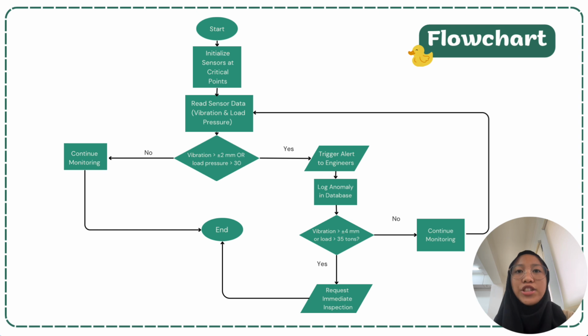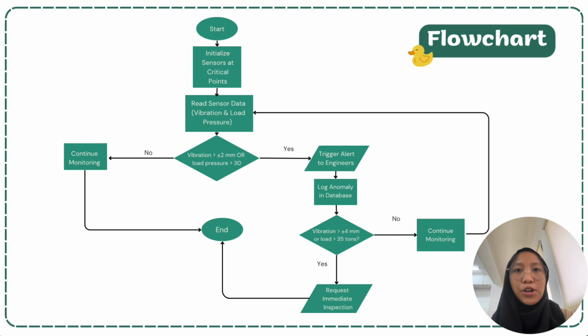Here, the system checks if the vibration exceeds 2 millimeters or the load pressure is above 30 tons. If no, the system continues monitoring. If yes, it triggers the alert to the engineers and logs the anomaly in the database. Then assessing the severity of the anomaly.